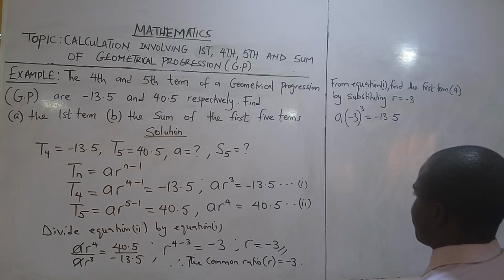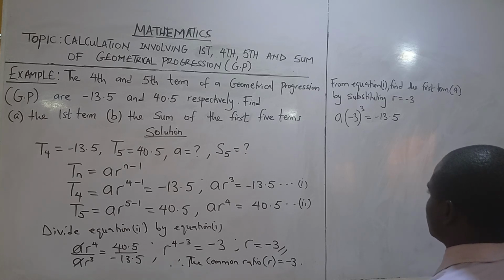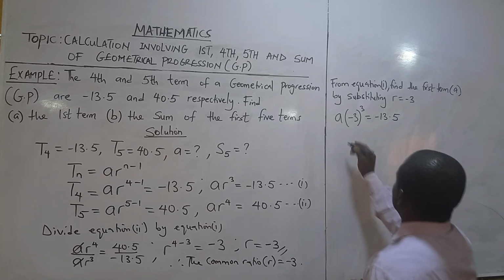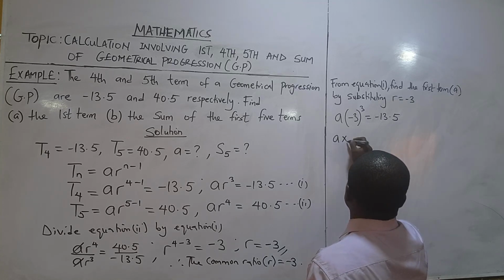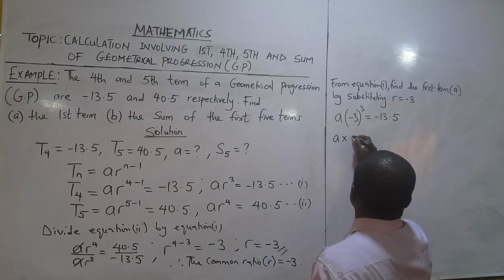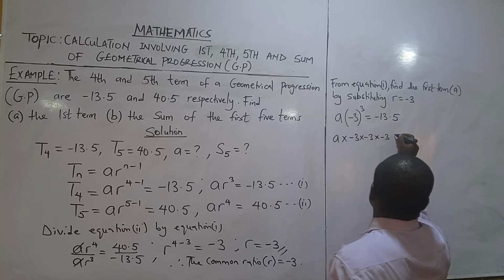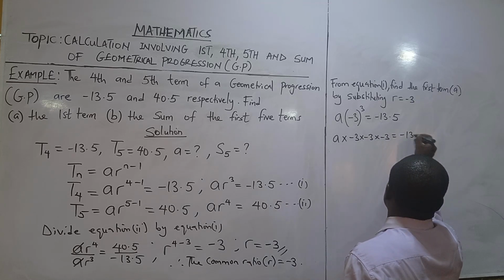From there I have a times minus 3 times minus 3 times minus 3 equals minus 13.5.